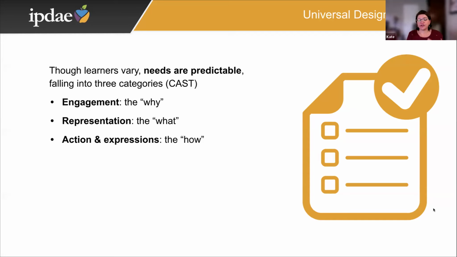And then finally, the third category is actions and expressions, the how of learning. So this is not how the students take it in now. This is how the students interact with what they're learning and then put it out. So we're talking about the practice and then that exhibition of mastery of learning.